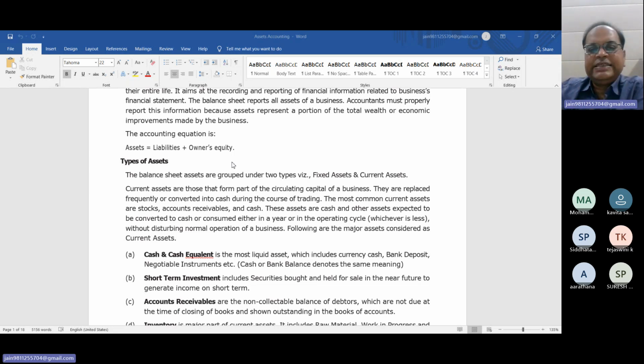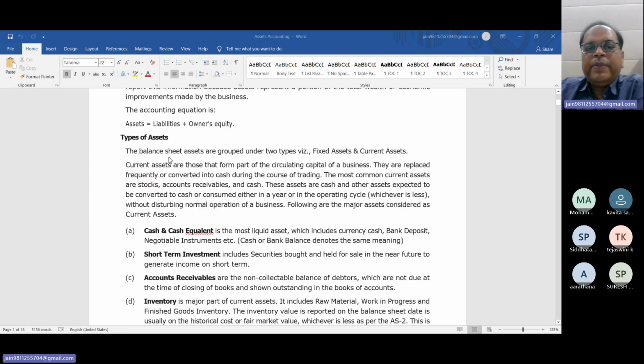Now the two types of assets. The balance sheet assets are grouped under two types. Number first is the fixed assets, and number second is the current assets. Current assets are those that form part of the circulating capital of the business.